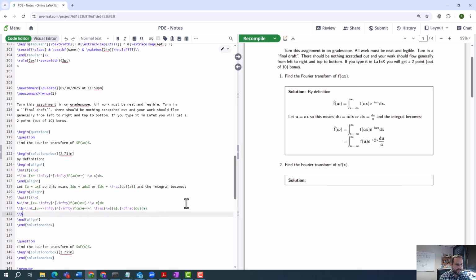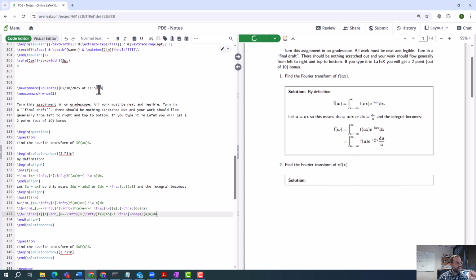If I continue this, I'm going to move that a out, and we're going to have the integral u equals minus infinity to plus infinity f of u e to the minus i omega u, or sorry, a u, and then just du.